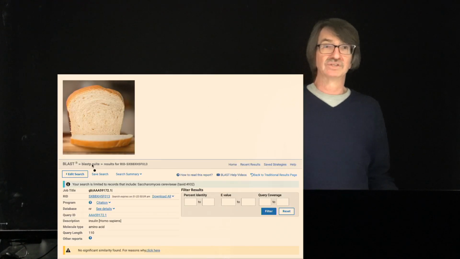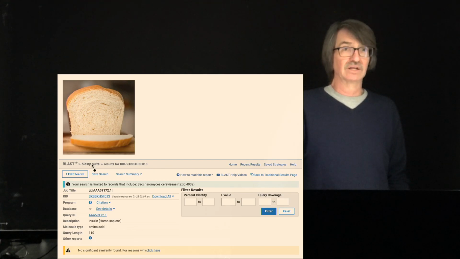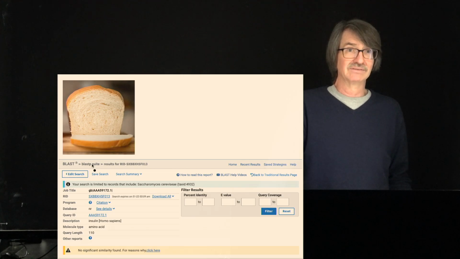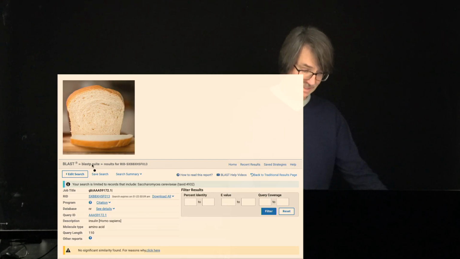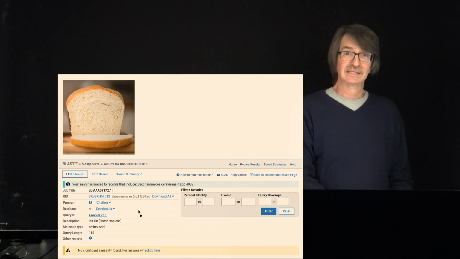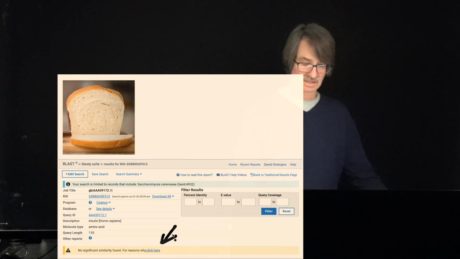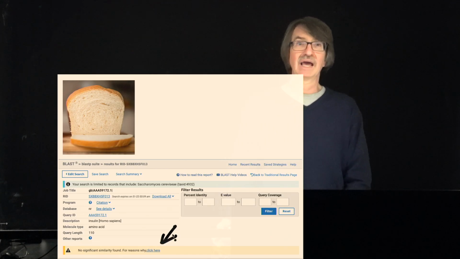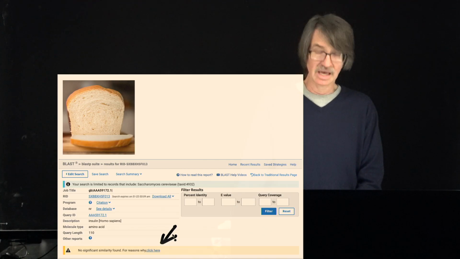So here I took the yeast that causes bread to rise. We are distantly related to that yeast, but not very closely related. So when I did the BLAST search here, it came back with this statement. It said, no significant similarity. It didn't find anything like insulin in yeast.